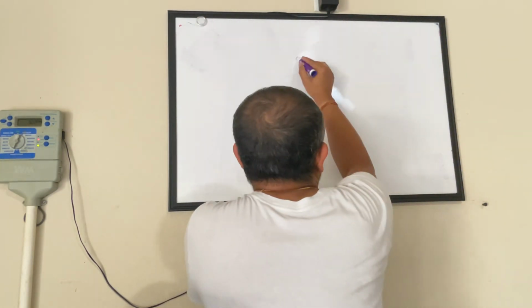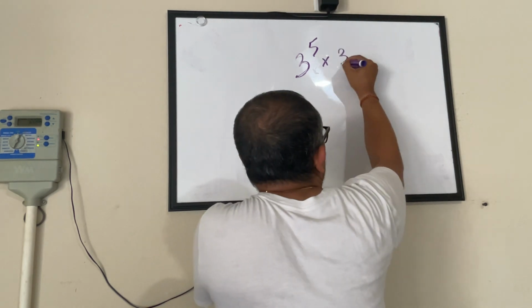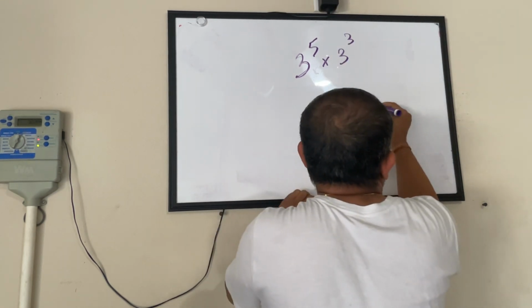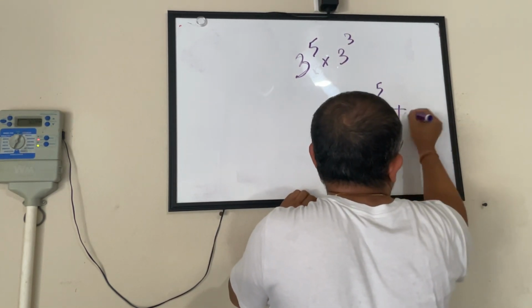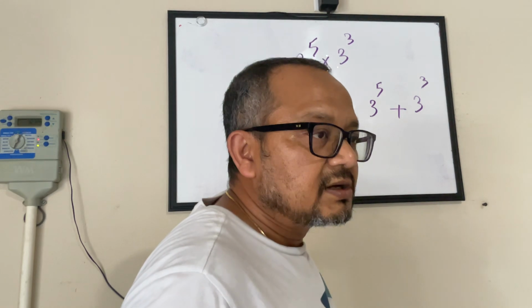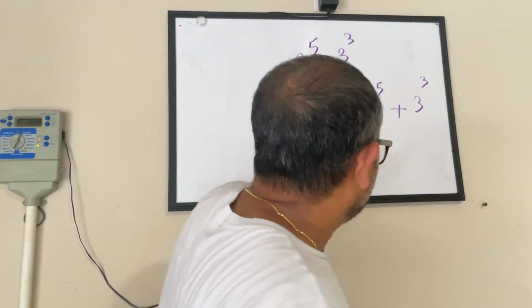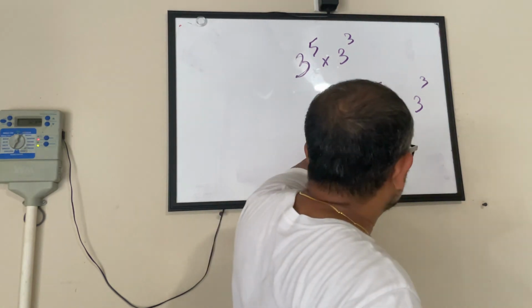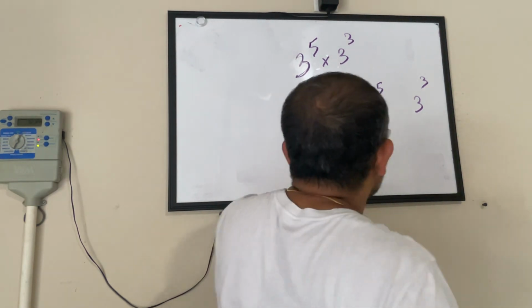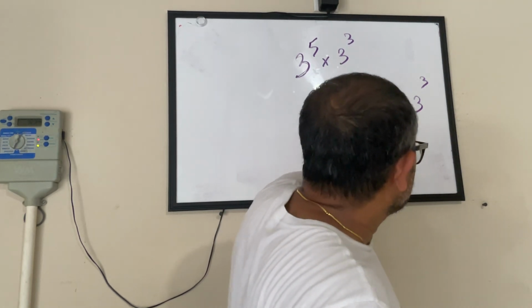Now let's look at this. Are these same questions? No. So that is what you have to be very, very careful about. If it's a plus or it's a multiplication, it will change life upside down.